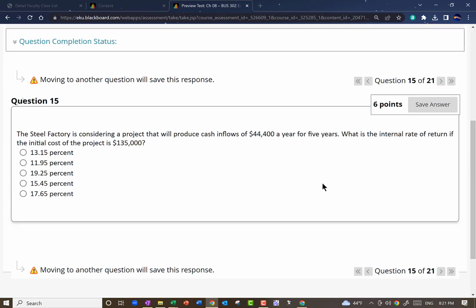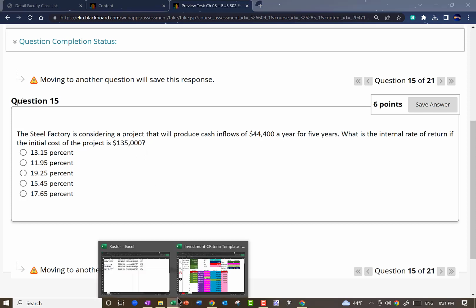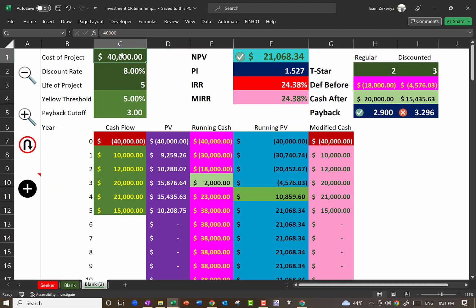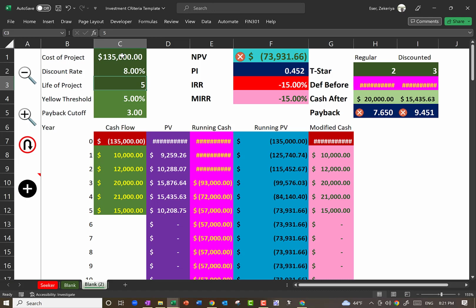All right, let's calculate some stuff. We're considering a project with inflows of $44,400 for 5 years. What is the internal rate of return if the initial cost of the project is $135? Well, let's enter it. Cost of project $135. I don't worry about discount rate.